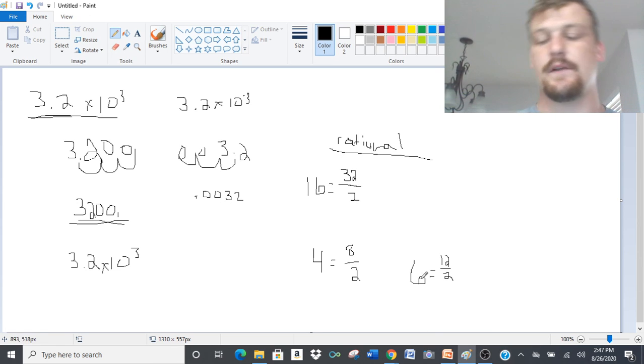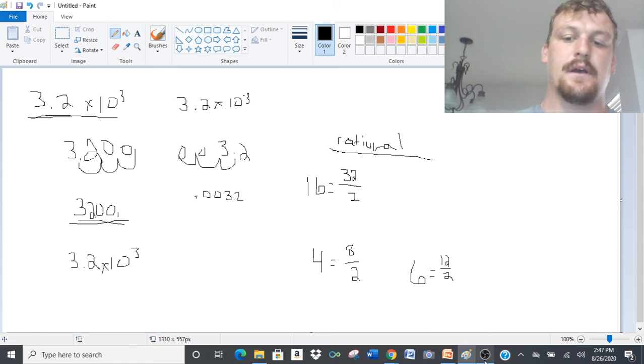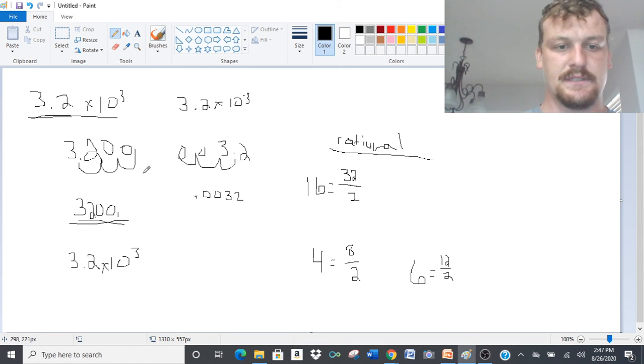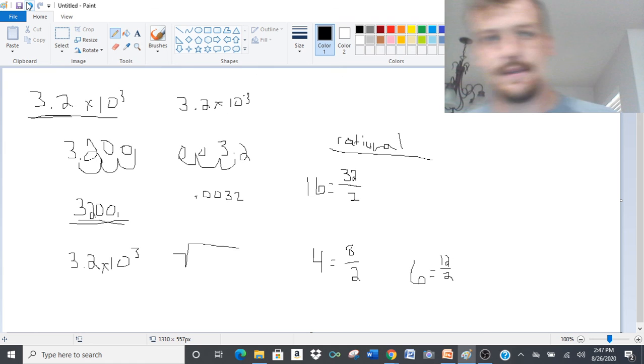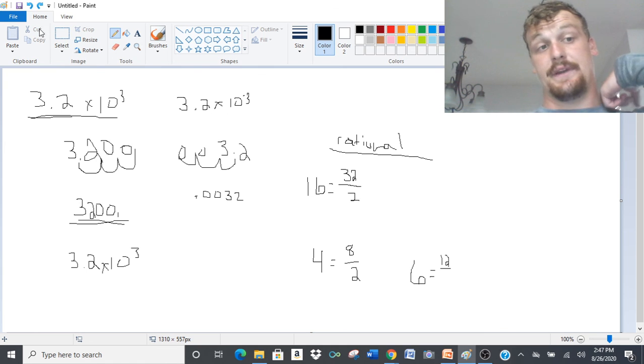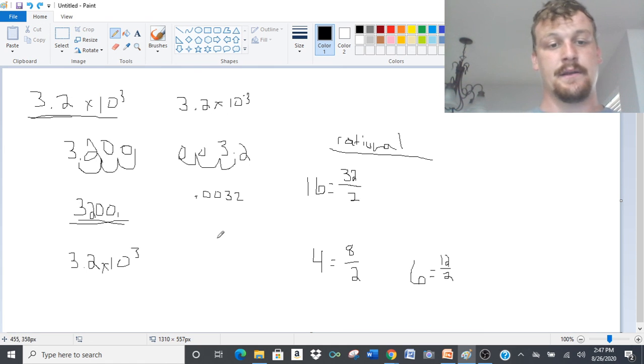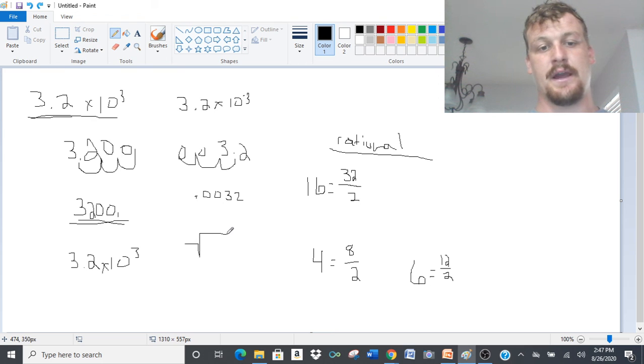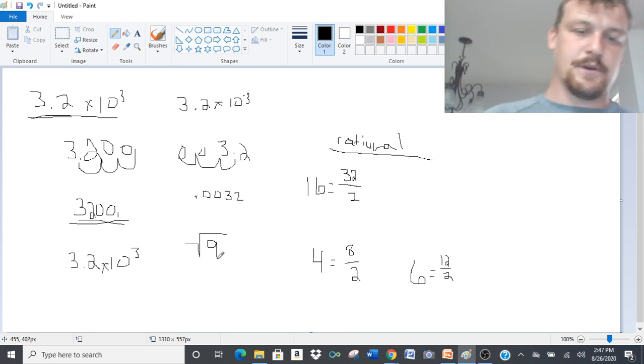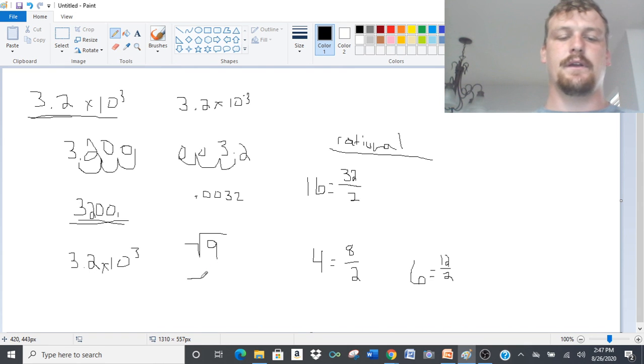All right. And rational, think of non-perfect squares. So again, think of the square root of, actually let's think of like 3 times 3 would be 9. So that means the square root of 9 is a perfect square root. And moving on to the next number, 4 times 4 equals 16.